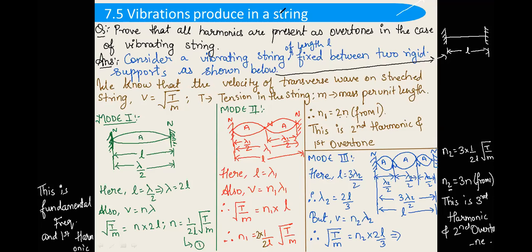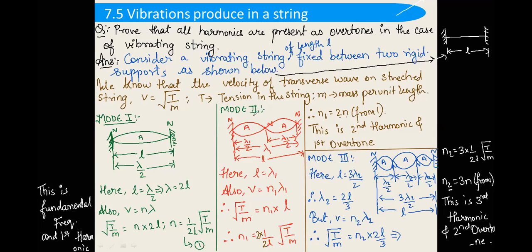Sarah asks, the third harmonic should be first overtone? No, the third harmonic should not be first overtone. Practically, in mode 1 there will be one loop, and in mode 2 there will be two loops.